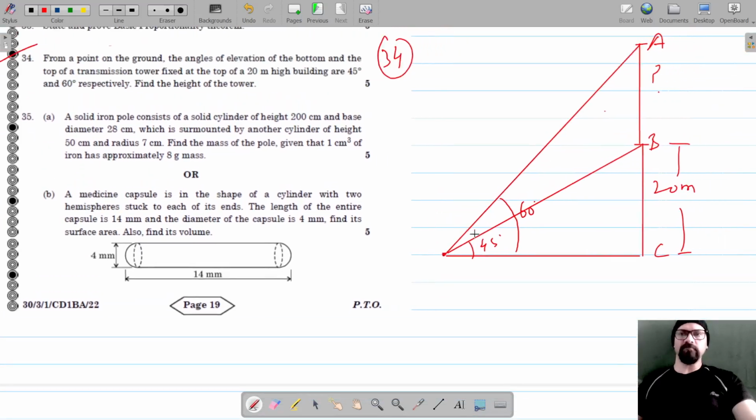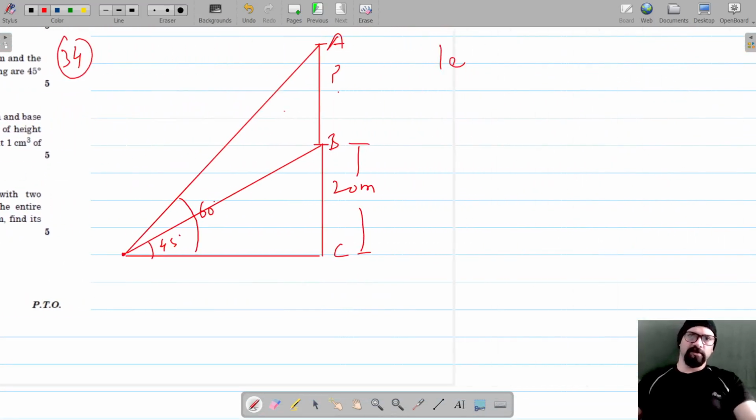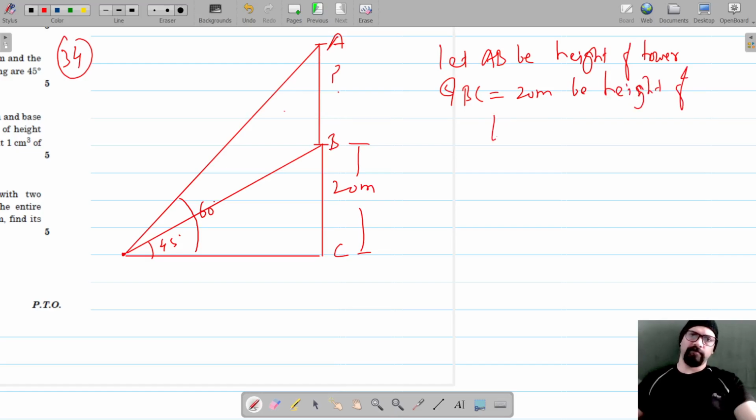So to start with, let AB be the height of the transmission tower fixed at the top of the building, and BC is equal to 20 meter, the height of the building.